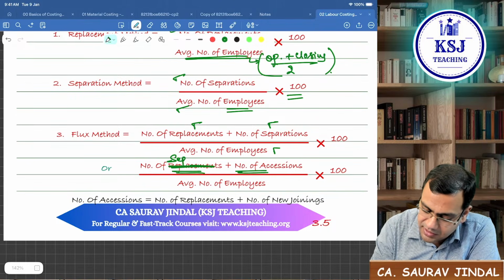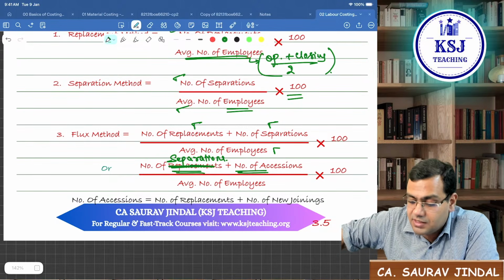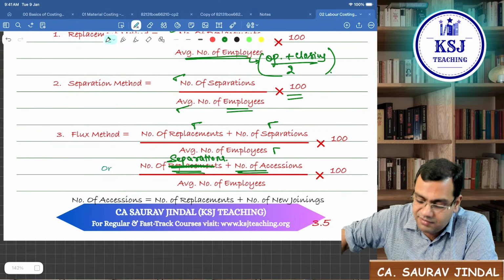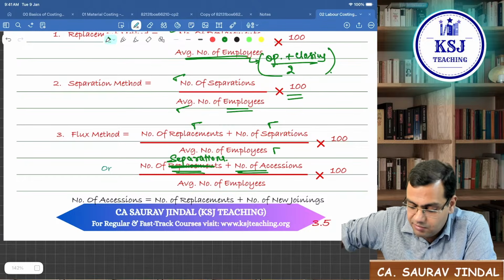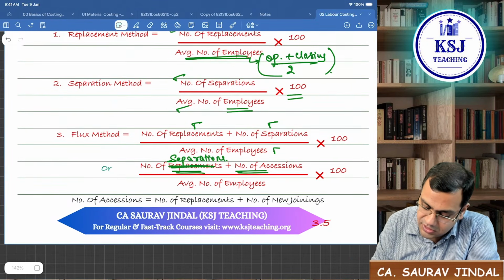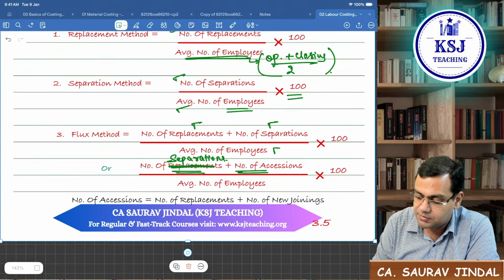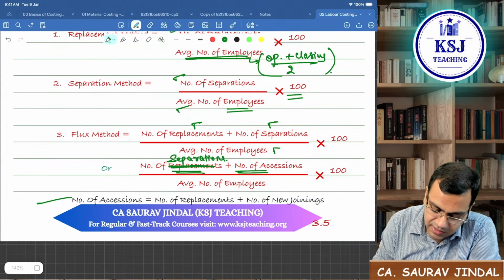Replacement, change it with the separations. Make the amendment here. Number of separations plus number of accessions divided by average number of employees. So what is the accessions part? The accession is number of replacements plus number of new joinings. That is what we call it as accessions.